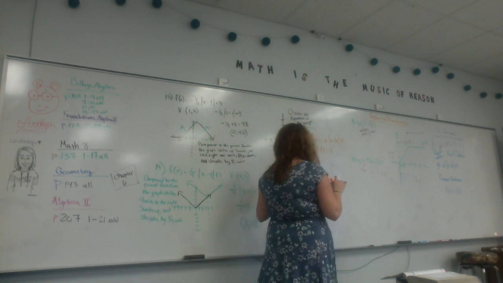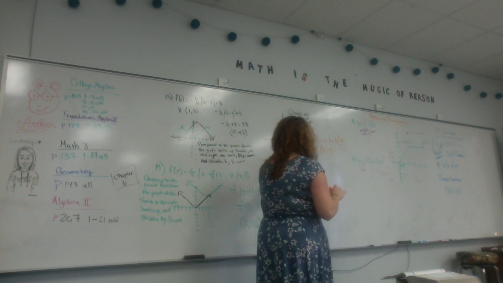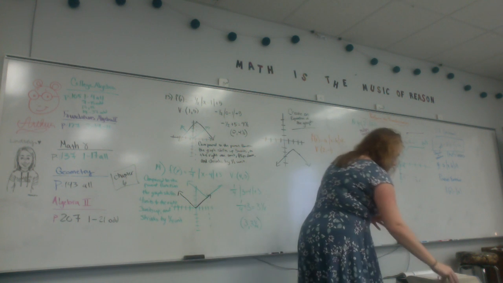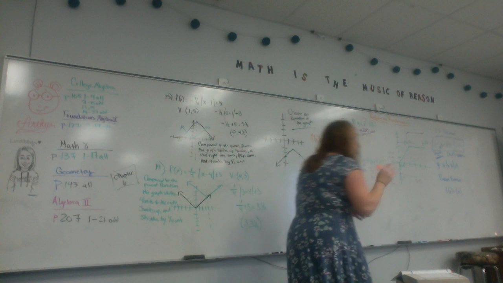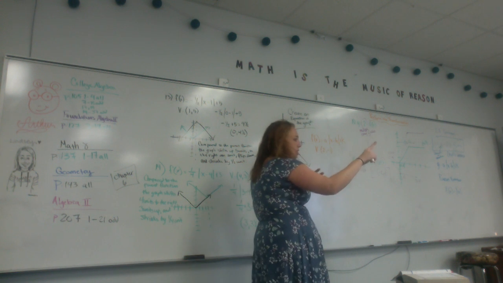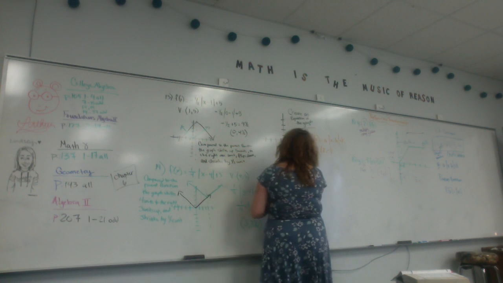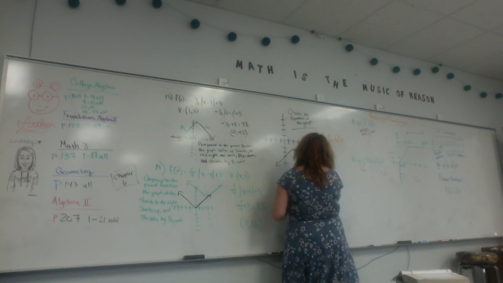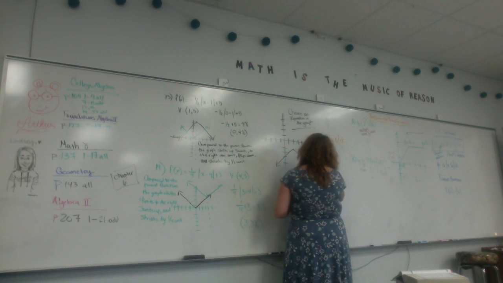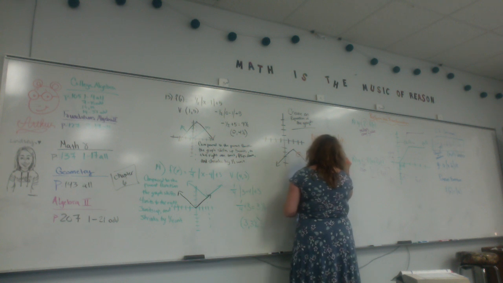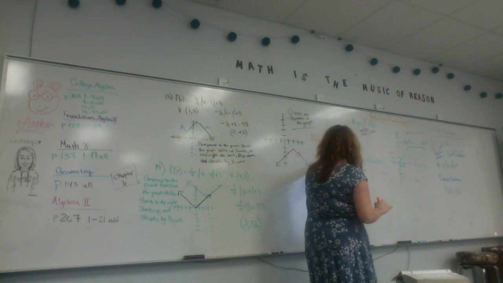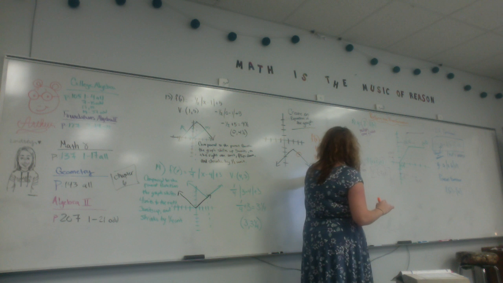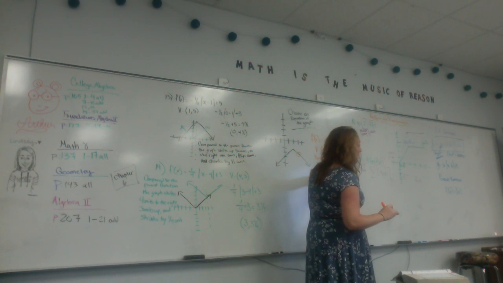Now, in order to solve this, you have to have on these pictures and on these diagrams another point. They have to give you at least 1 point. Okay, here they gave us this point of 3, negative 2. So I have a point that is 3, negative 2. With that information, I can plug this into h and k, I can plug this into y and x and solve for a.